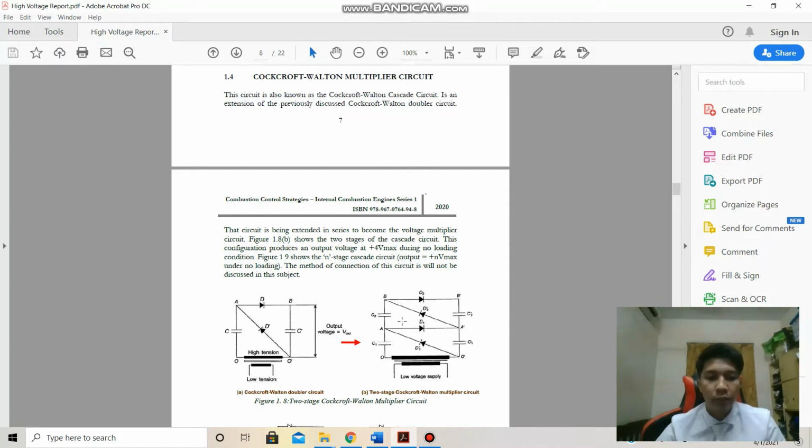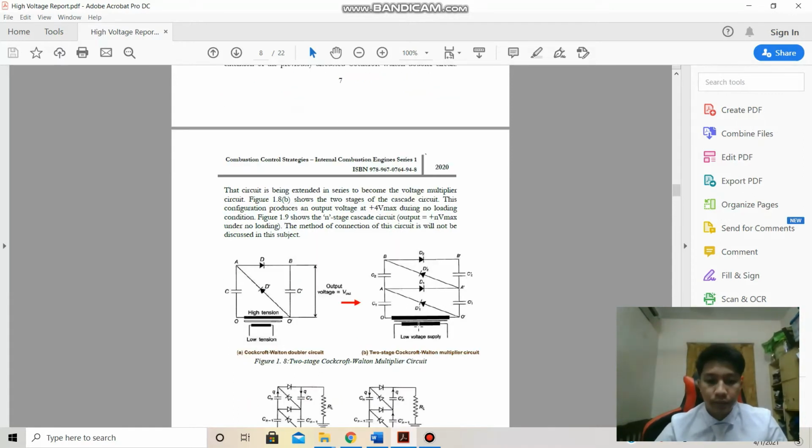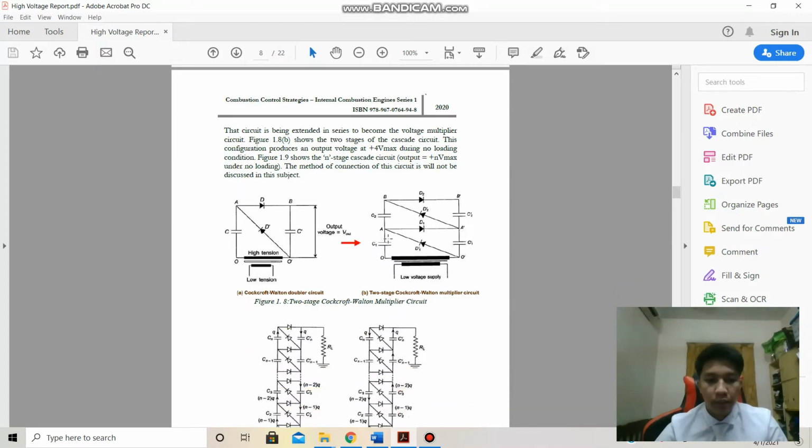This configuration produces an output voltage of 4 Vmax during no load condition, because the multiplier doubles again. You can see the stages, and for an n-stage cascade circuit the output equals n times 2 Vmax under no loading.